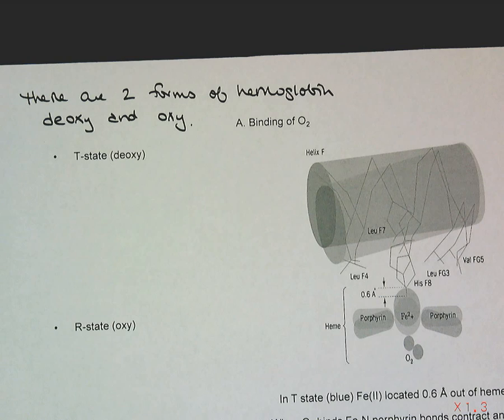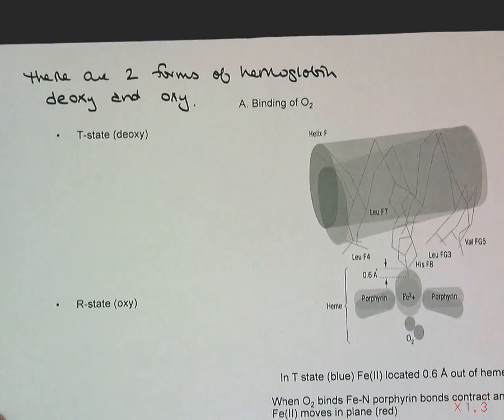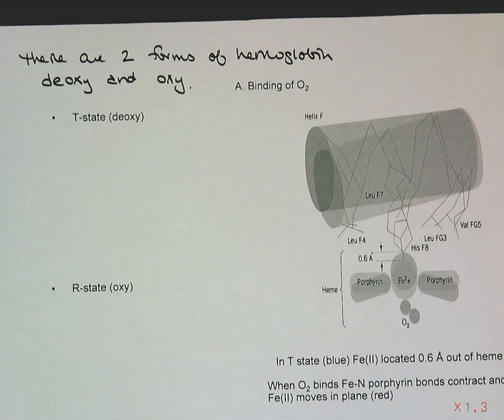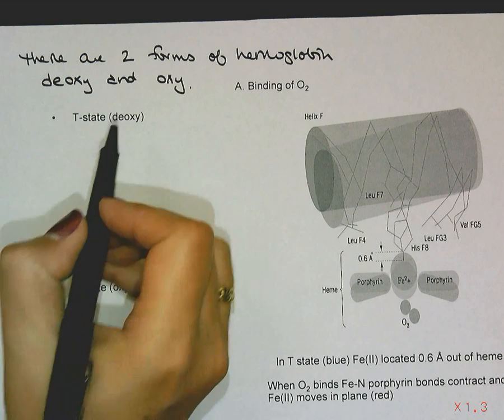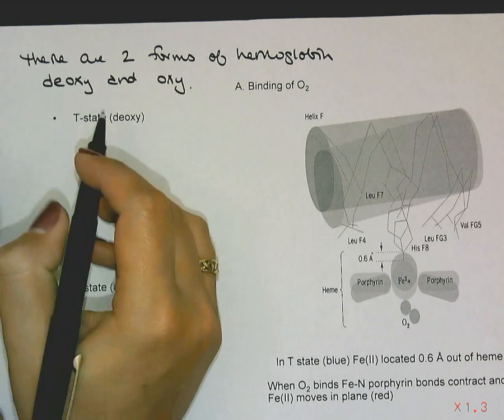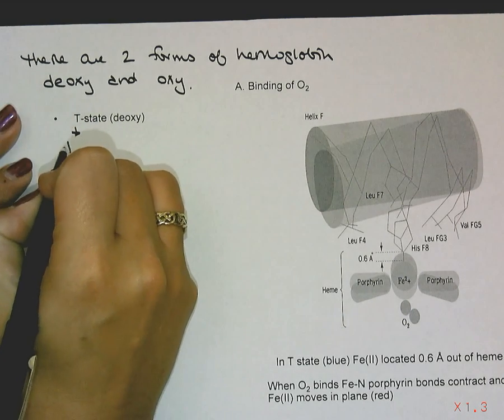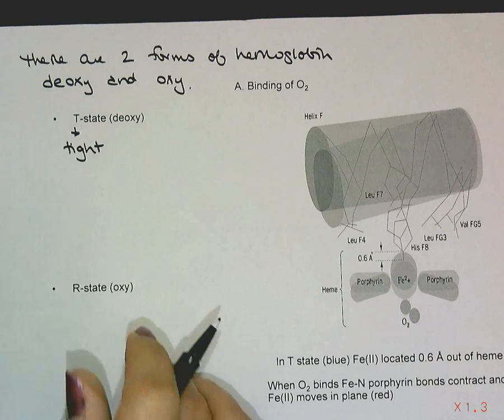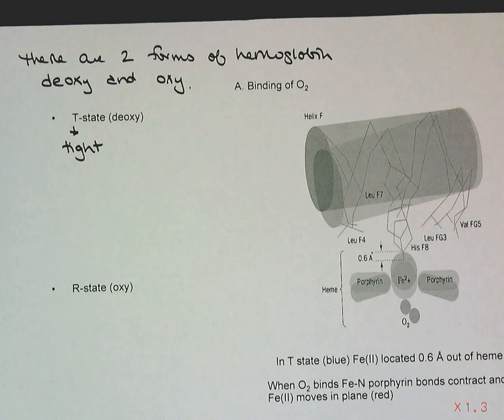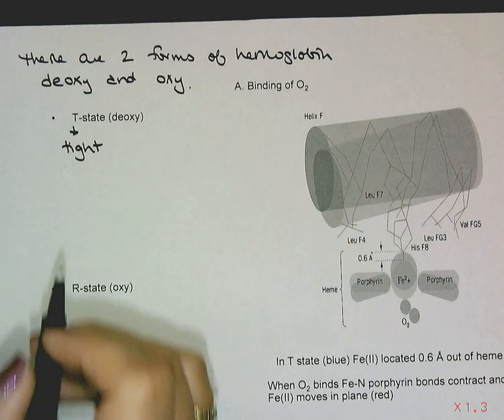They also go by two other names, the T state and the R state. The deoxygenated state is called the T state, where T stands for tight. This is the structural form without oxygen.